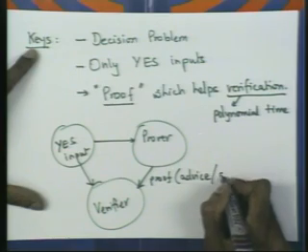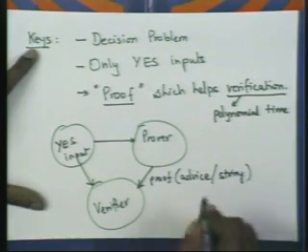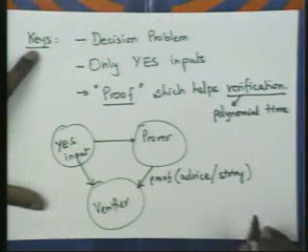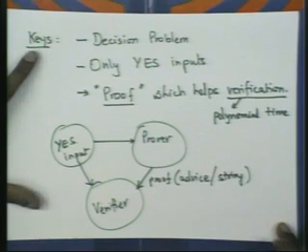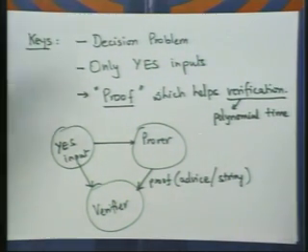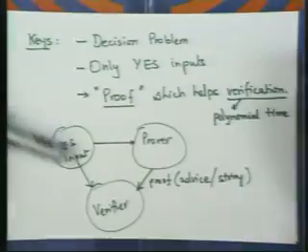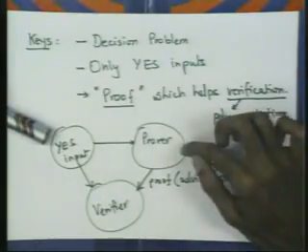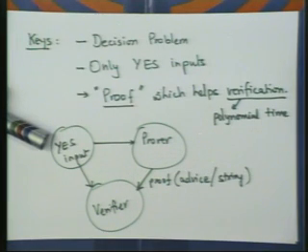It's just some string. You can think of it as a string of zeros and ones. The verifier looks at the string and figures out what the prover means. So on yes inputs, the prover can send some proof to the verifier, using which the verifier in polynomial time can verify that in fact this is a yes input.